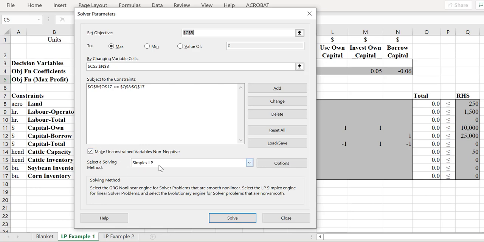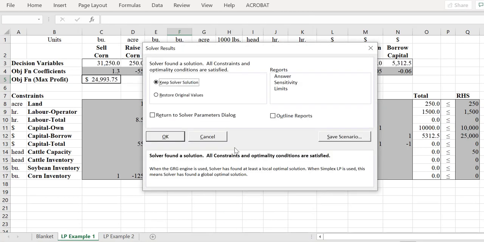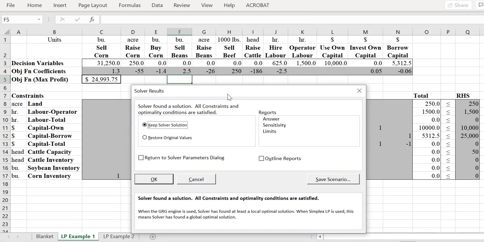We're using the simplex method. If we solve it, those decision variables have values. We also have the objective function, the maximum profit that this producer can get. And good news, Solver said all constraints and optimality conditions are satisfied.